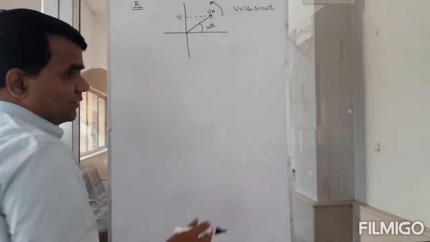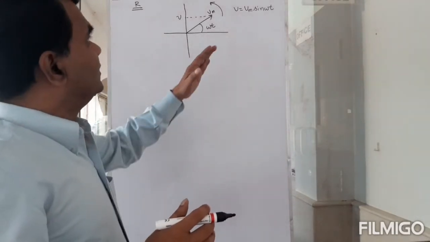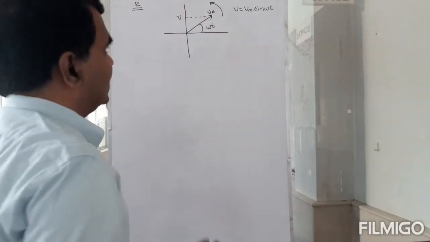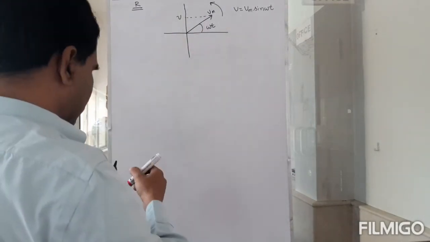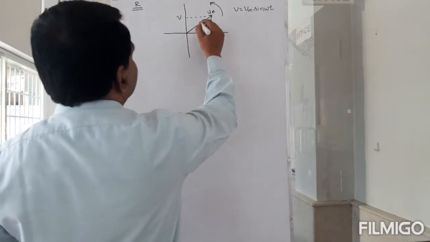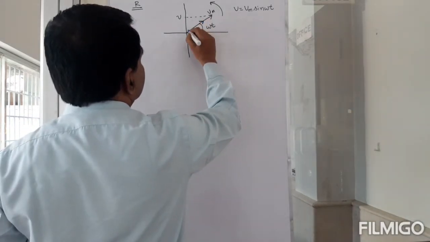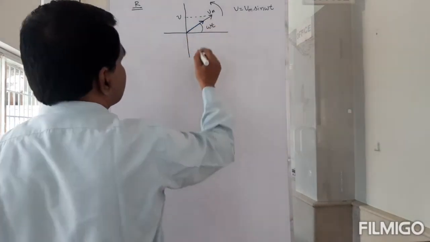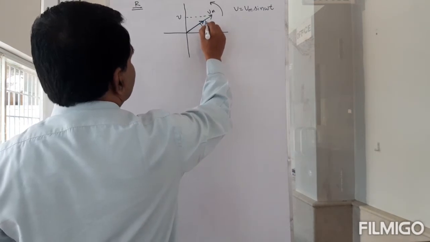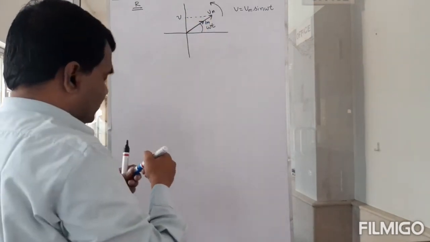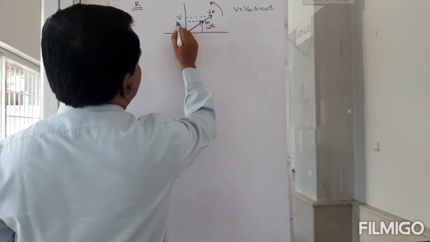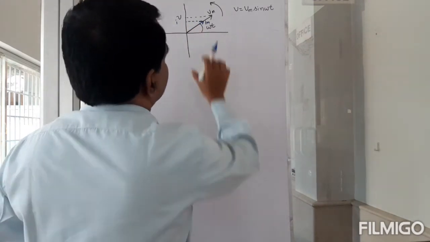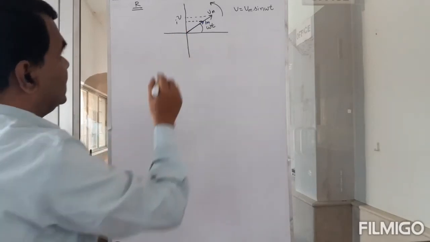And what's my I? It will be in tandem, right? So it will move hand in hand with Vm. So this is my I, with its maximum Im as the magnitude. So this will be I at that time, at omega t.